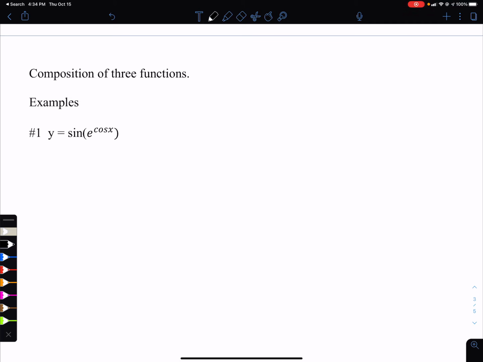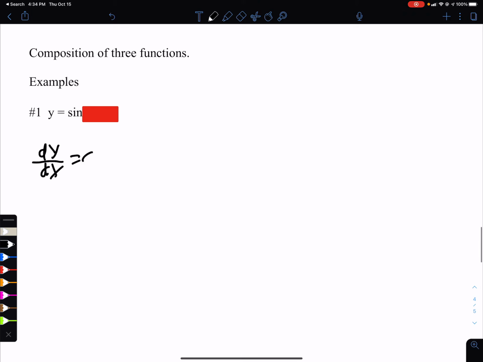Alright, so looking at this, what is box? And it might be clear, hopefully, that box is that. So what we have is dy dx is, and the derivative of sine of box would be cosine of box, but then we need here the derivative of box.